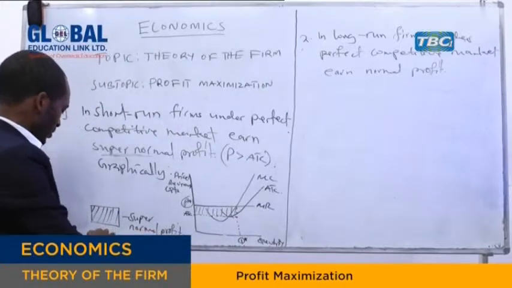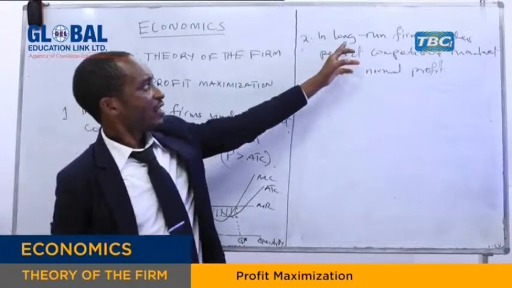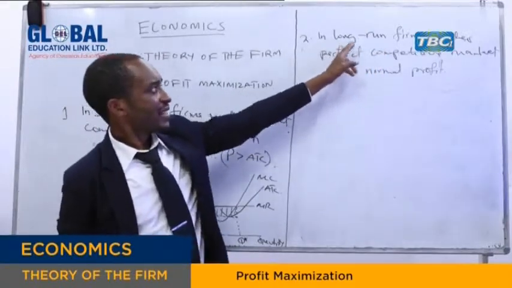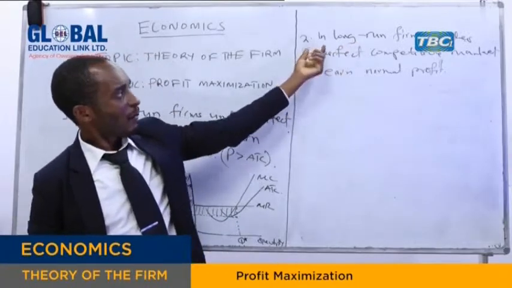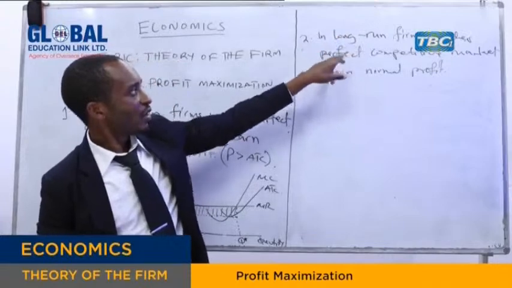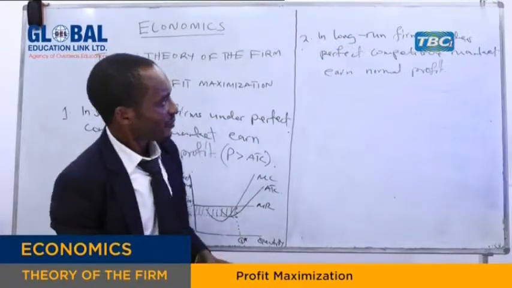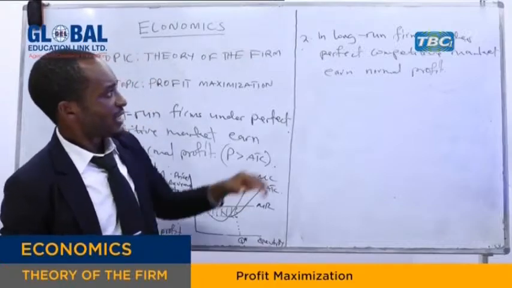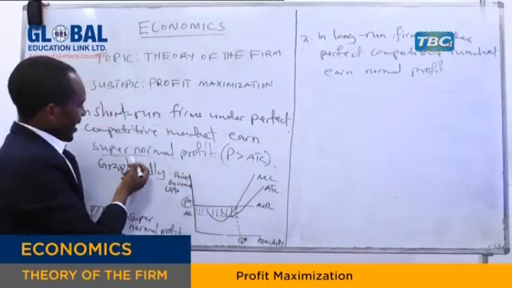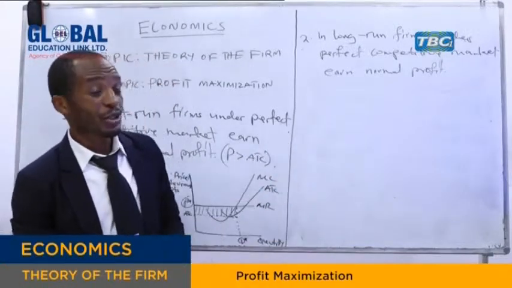When a firm in the long run earns normal profit, this is due to the free entry of new firms which join the industry. Since in the short run they earn supernormal profit, new firms will be attracted to join the industry.